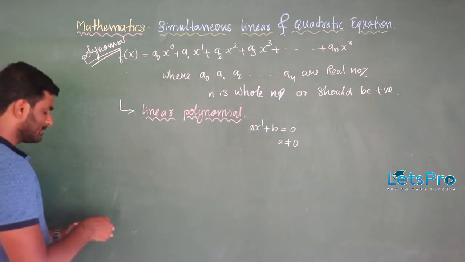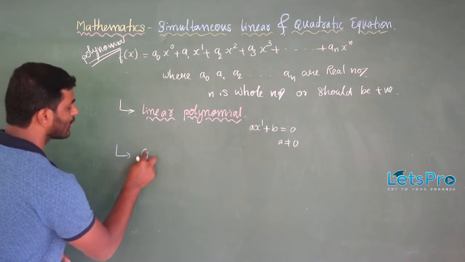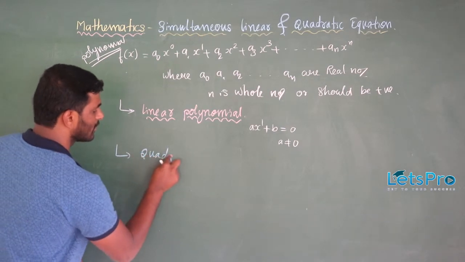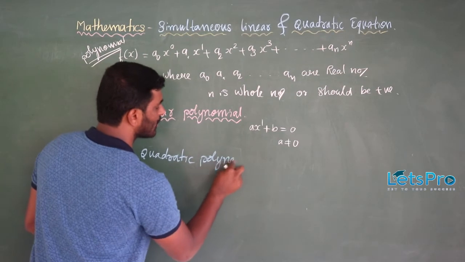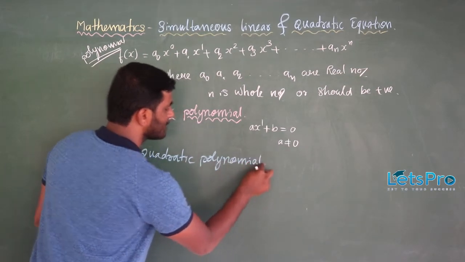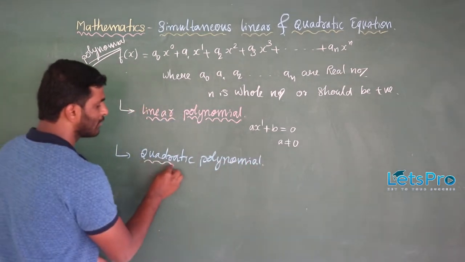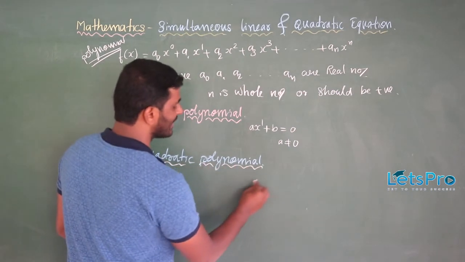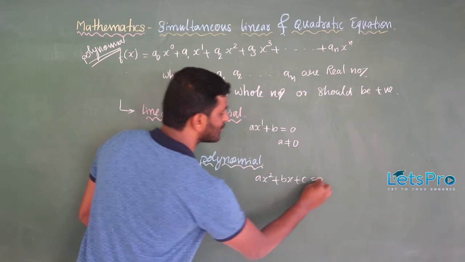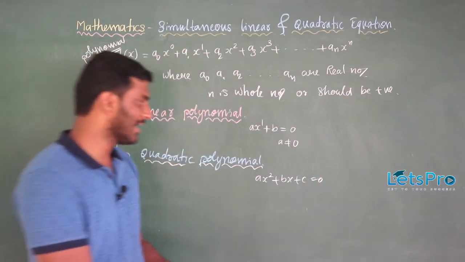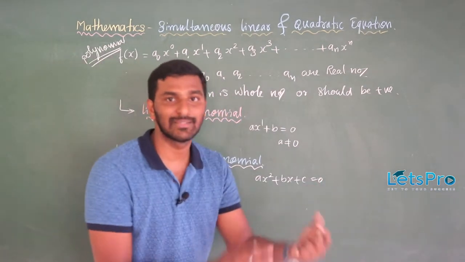The next one is the quadratic polynomial. So what is a quadratic polynomial? The quadratic polynomial is defined as ax square plus bx plus c is equal to 0. Many methods are there to find the x value, such as splitting the middle term.